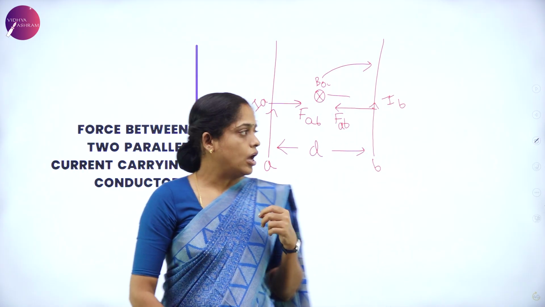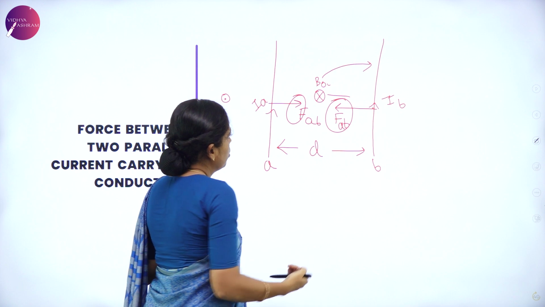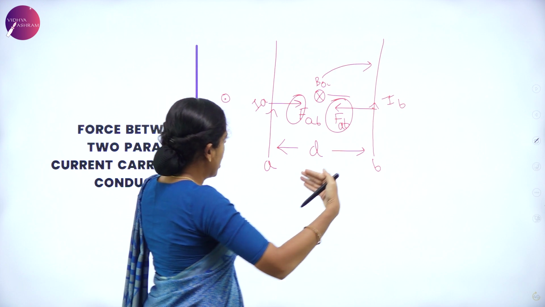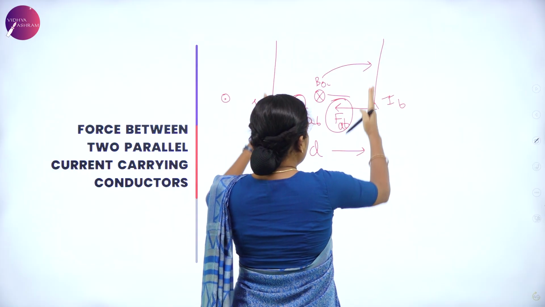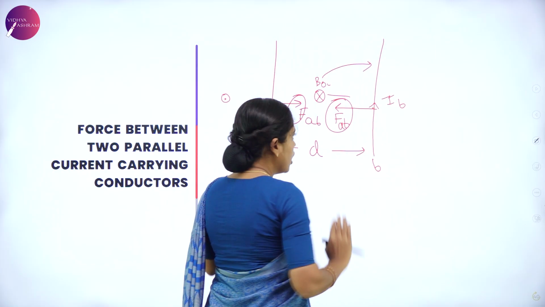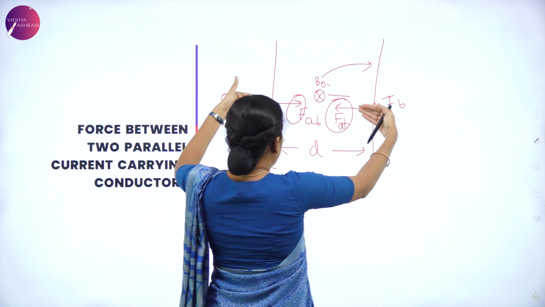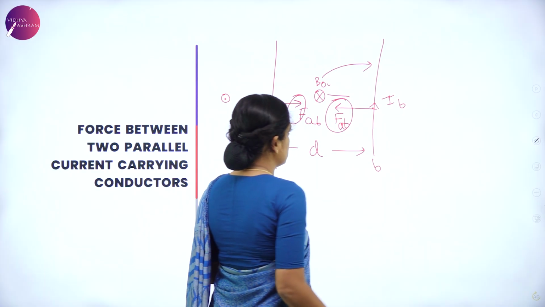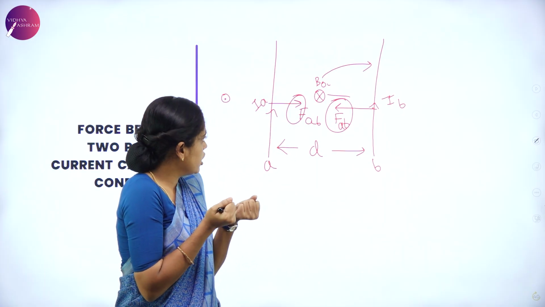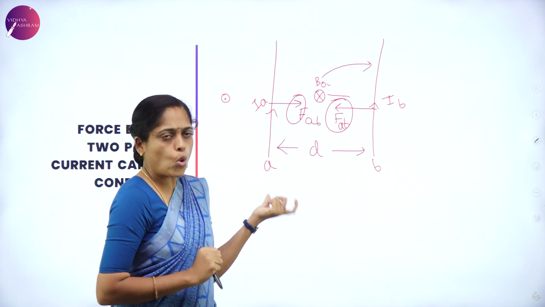Now, observe the direction of force. Both are towards each other, which means that when the current flows in the same direction in these conductors, they are pulling each other, so there is an attractive force between the two wires.